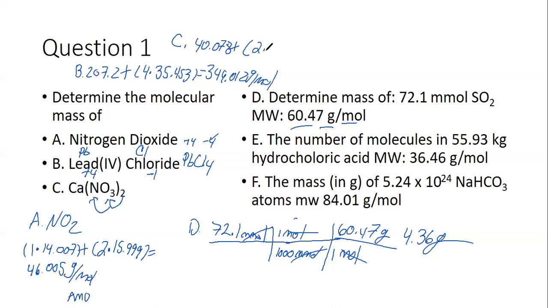So that's 2 times 14.007 plus 6 oxygens. So 6 times 15.999. Again, if your periodic table says 16, that is fine. Add them all together, you get 164.086 grams per mole.